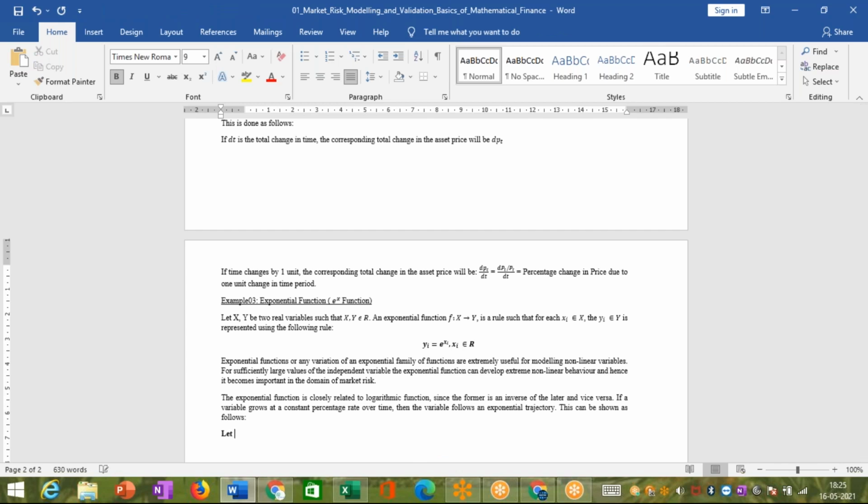So suppose the growth rate of an asset price is constant over a continuous period of time. So the asset price is growing at a constant rate, right? It's continuous over a continuous interval of time.